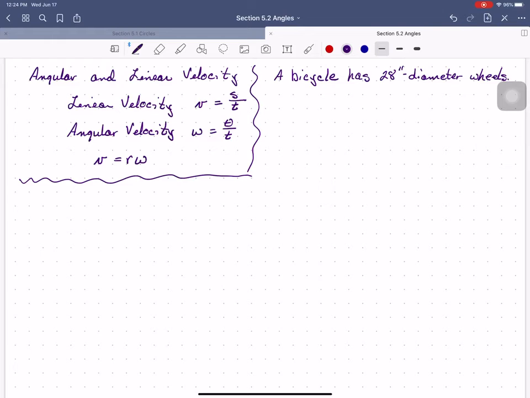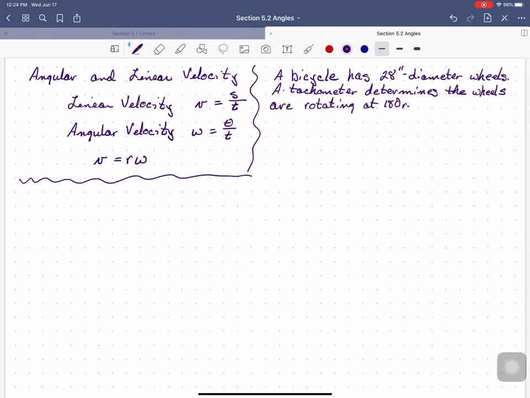And a bike shop tachometer determines that the wheels are rotating at 180 RPM, revolutions per minute.